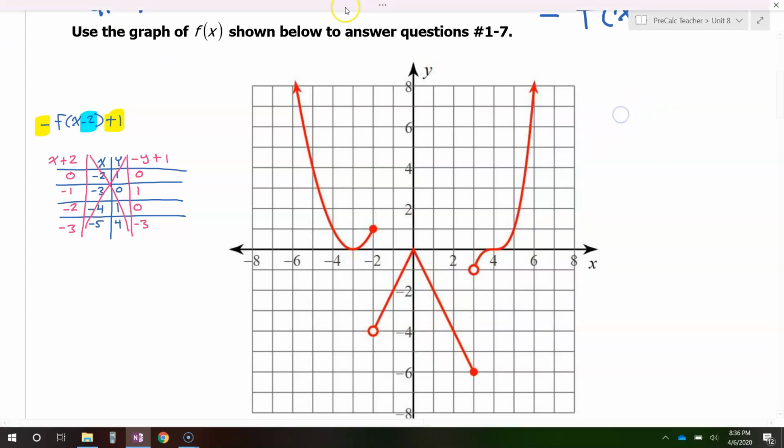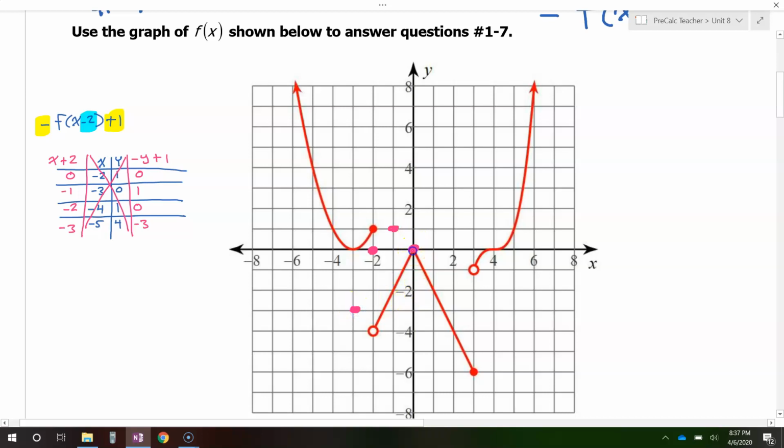Make room for the magic that we're about to do. Okay, so 0, comma 0 is right here. And then we have -1, comma 1. And then we have -2, 0, which would be right here, and -3, -3, which would be right here.